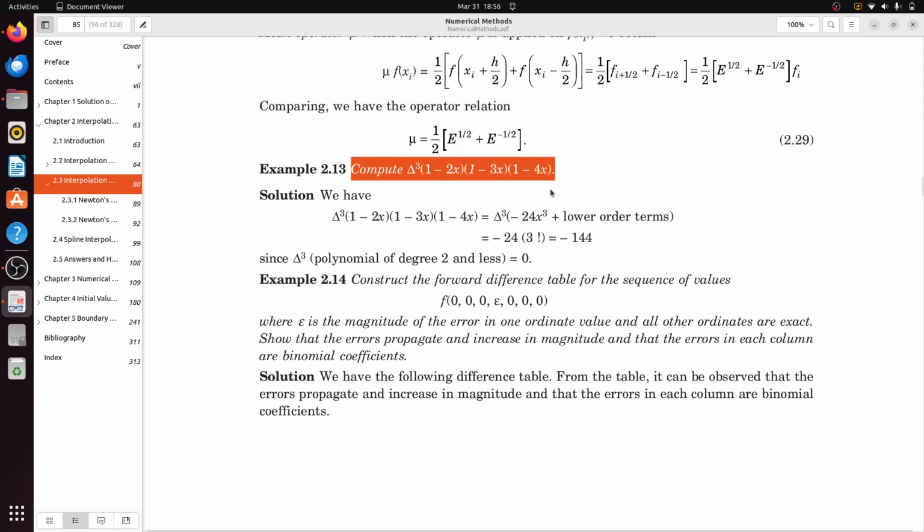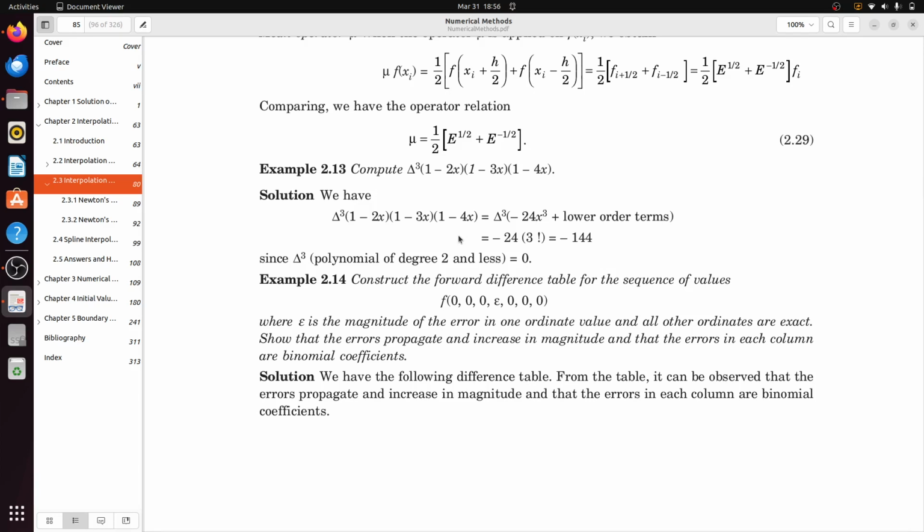Delta cube, that is the shift operator, delta cube of 1 minus 2x into 1 minus 3x into 1 minus 4x. So if you multiply 1 minus 2x, 1 minus 3x and 1 minus 4x, then you will get the x cube term, and it will be minus 24 into x cube, right?